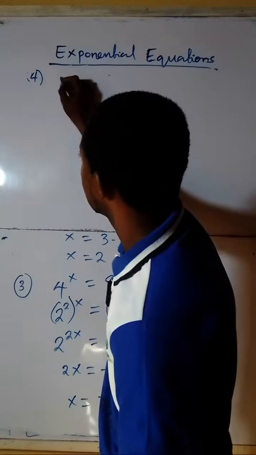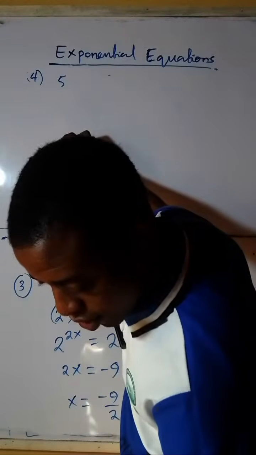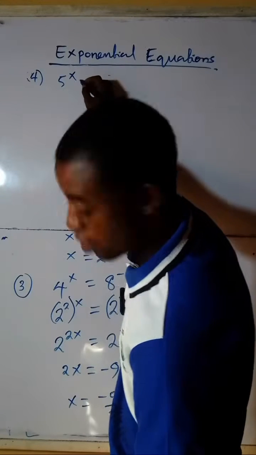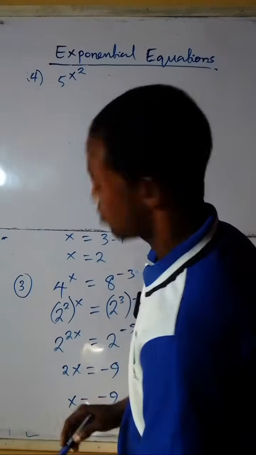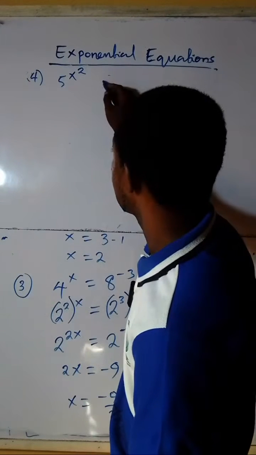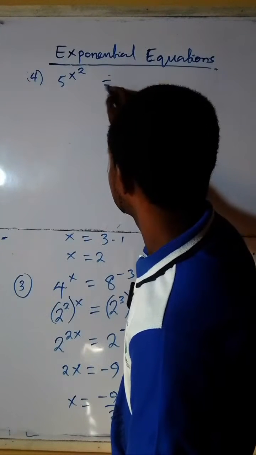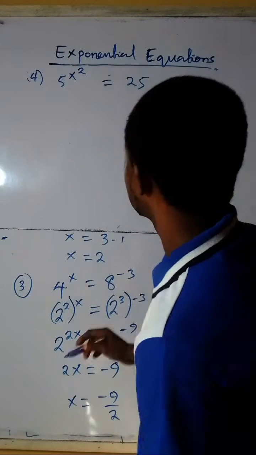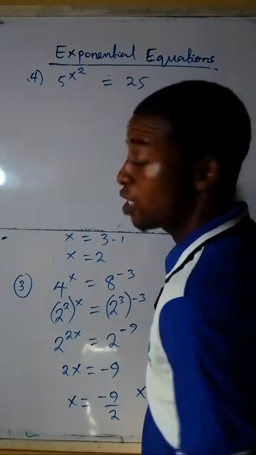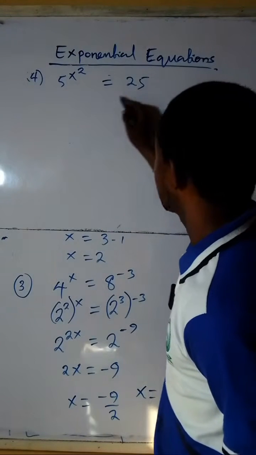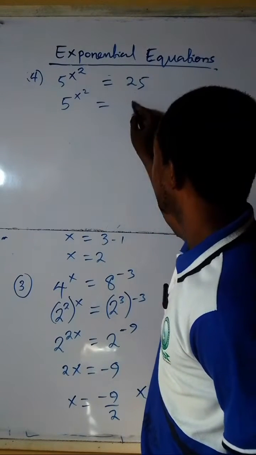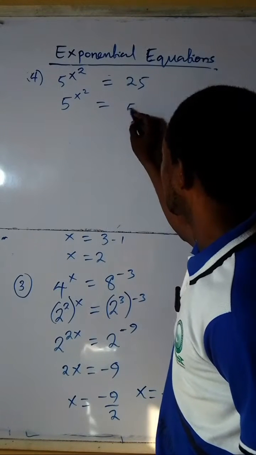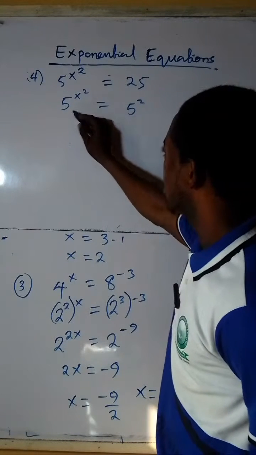We have 5 raised to power x, then raised to power 2, equals to 25. Then here also we can change both sides to have base 5. So we have 5 raised to power x squared equals to, here this 25, we can write it as 5 squared. Then the bases are the same now.